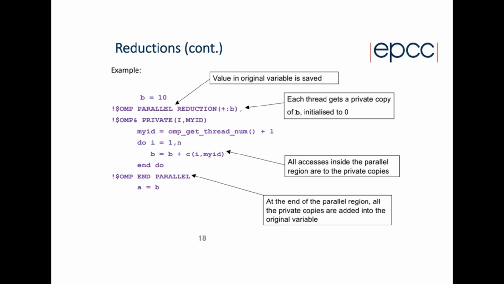In C, yes. I'm being lazy here and using the default scoping for c and n, which is shared, just to save space on my slide, really. I'm setting a poor example.